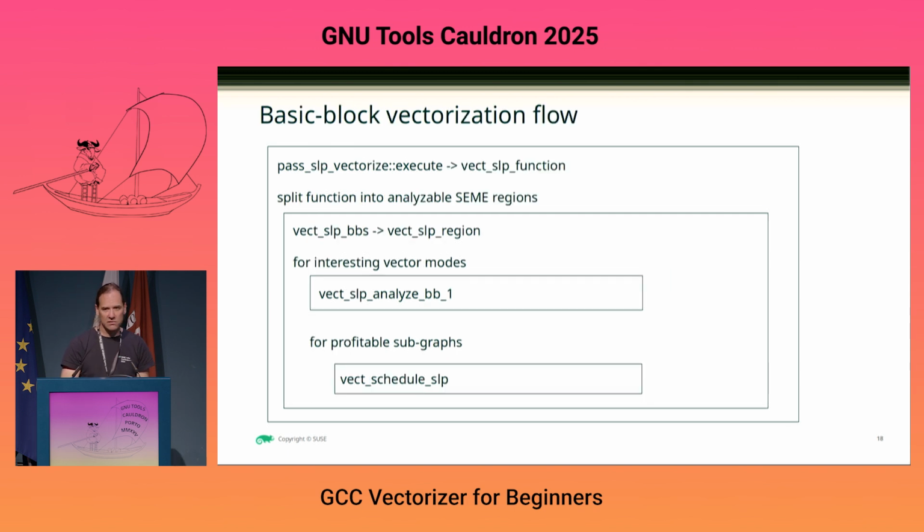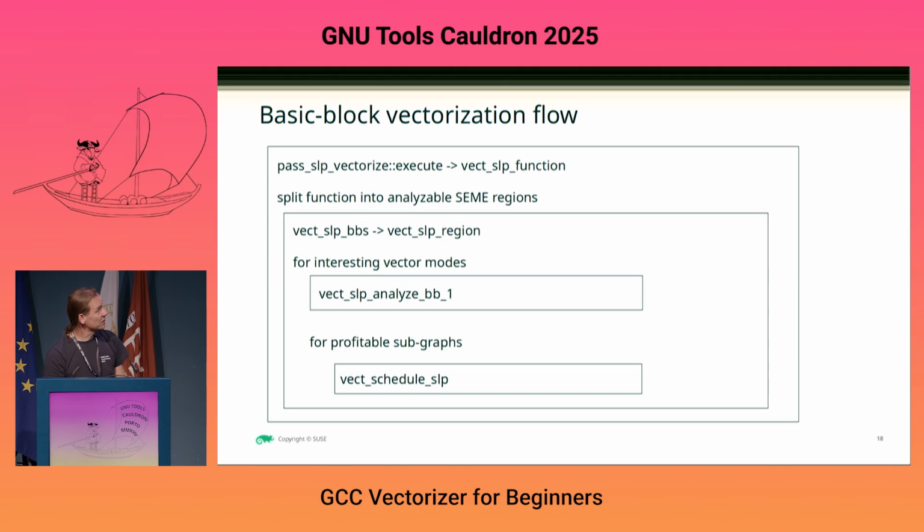And the whole function vectorization works basically the same. We do have to split the function into analyzable regions. Ideally we can analyze the whole function, but when you have some asm statement in there that we can't handle, or computed goto or exceptional control flow, we stop, and we then split the function into single-entry, multiple-exit regions, because those are nice to analyze.